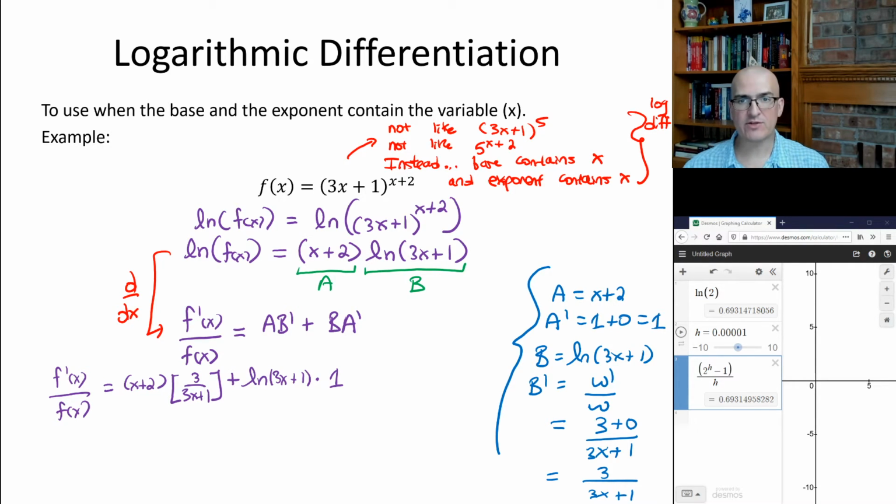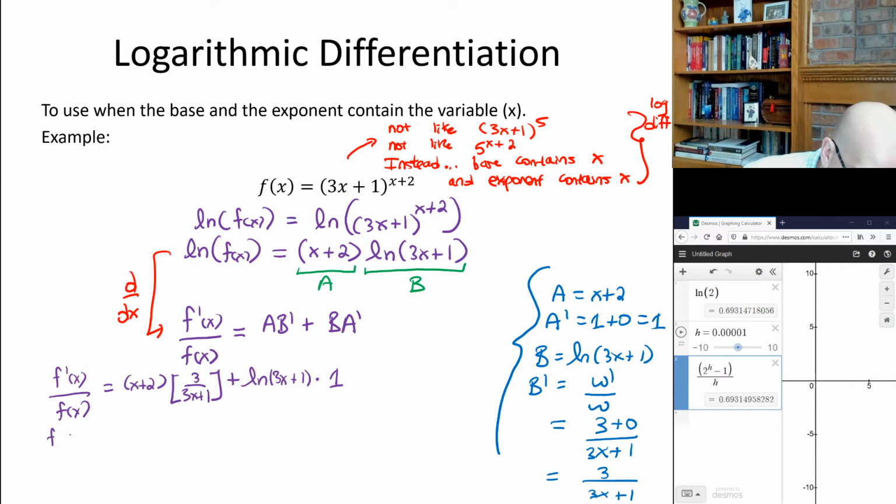So I'm going to combine 2 steps in one because I'm running out of space at the bottom there. I'm going to cross multiply by f of x to isolate for f prime. And then I'm going to simplify that first bracketed term, the x plus 2 multiplied by the 3 over 3x plus 1.